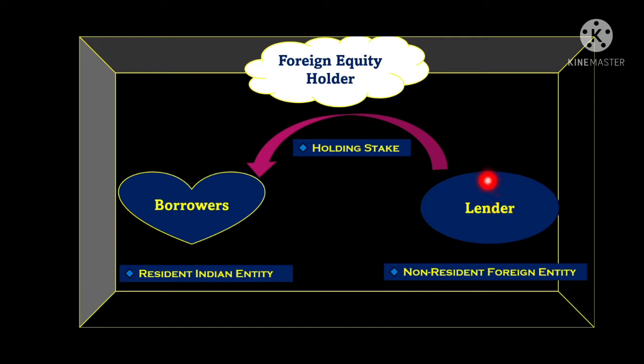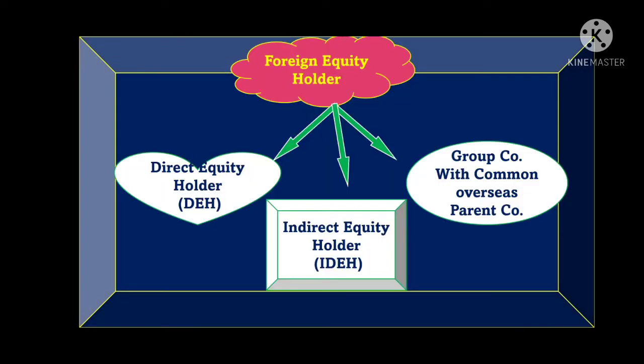So here the lender is a foreign equity holder. When does it become a foreign equity holder? When this lender is acquiring the stake or the shares of the borrowing company, or holding that stake in the borrowing company, then this lender becomes a foreign equity holder, right?